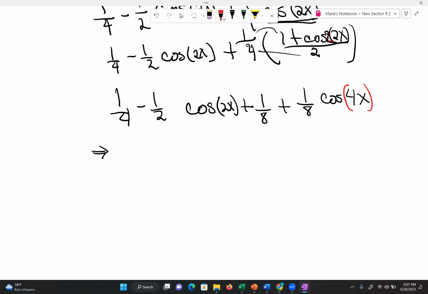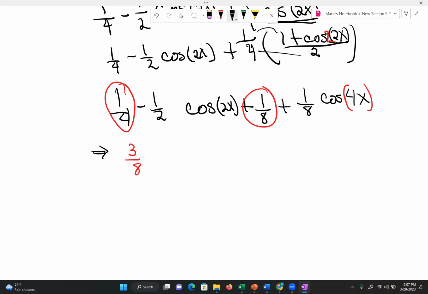All right. The second to last line continues, where I'm going to basically add like terms. I'm going to take the 1/8 and the 1/4, add them together, where I get 3/8. So that's this piece and this piece together.